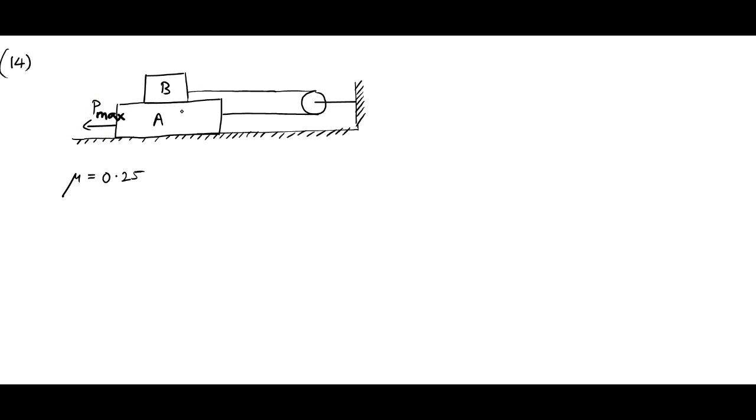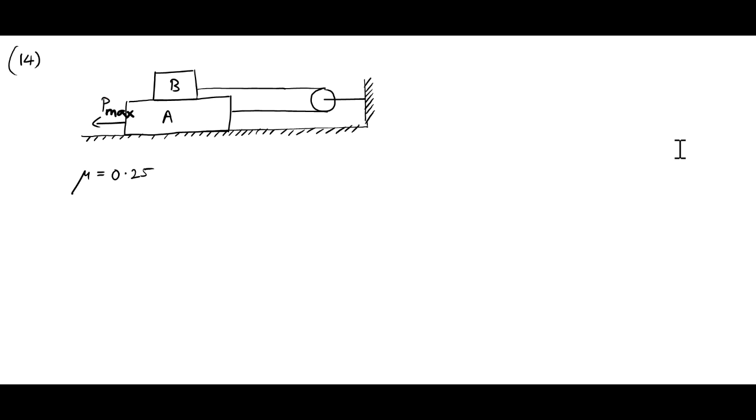So we have to actually draw the FBDs of the two blocks separately. We could try drawing the FBD of block A and B together and see whether that works, but I will show you how to solve the problem by drawing A and B's FBD separately. Now the pulley and the string are given to be ideal.